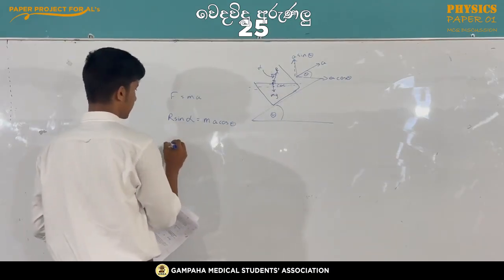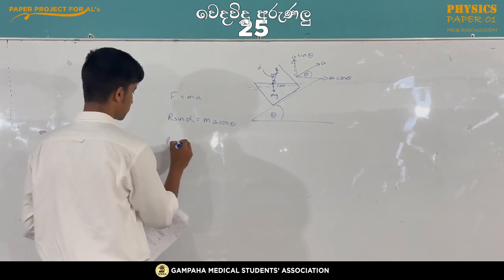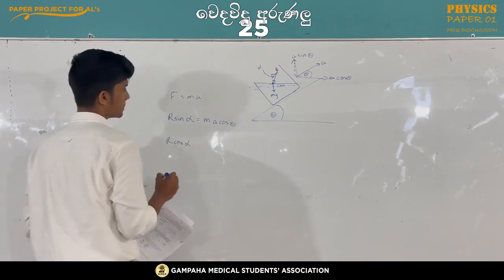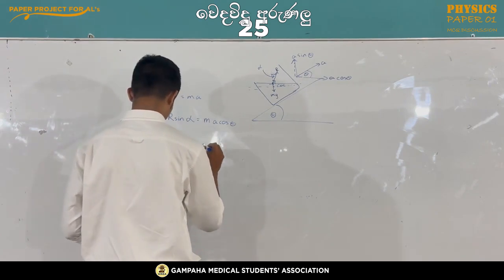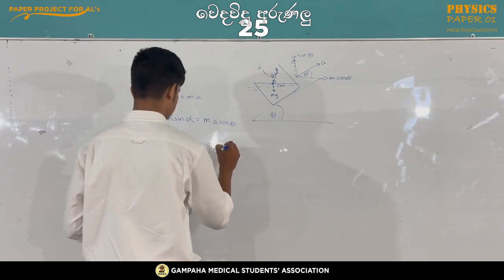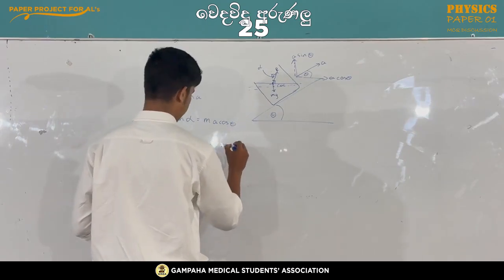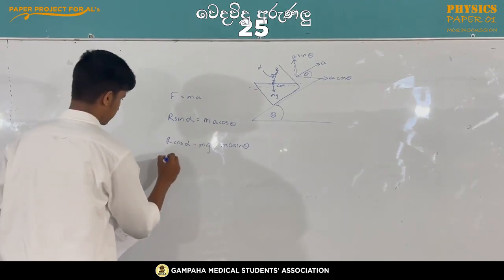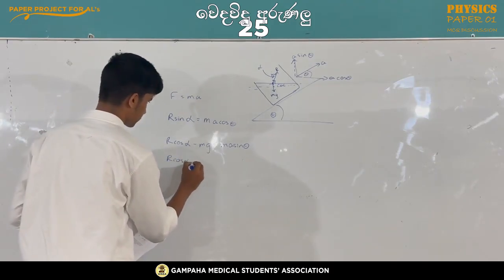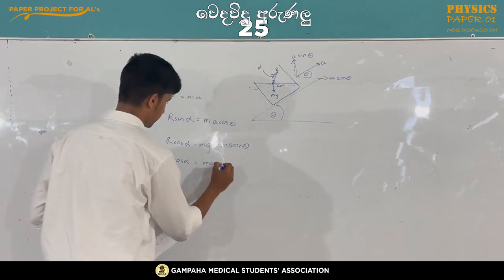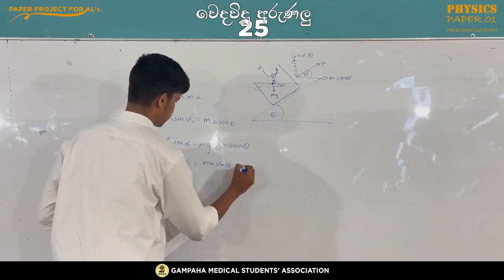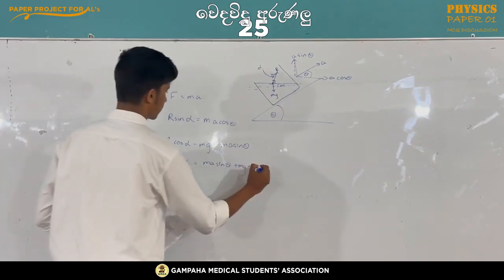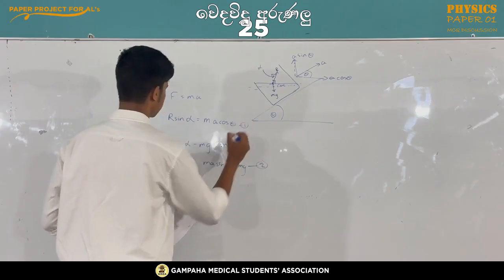Then in the vertical direction, it's R cos alpha minus mg equals m A sin theta. After that, R cos alpha equals m A sin theta plus mg. Then we can divide equation number 2 by equation number 1.